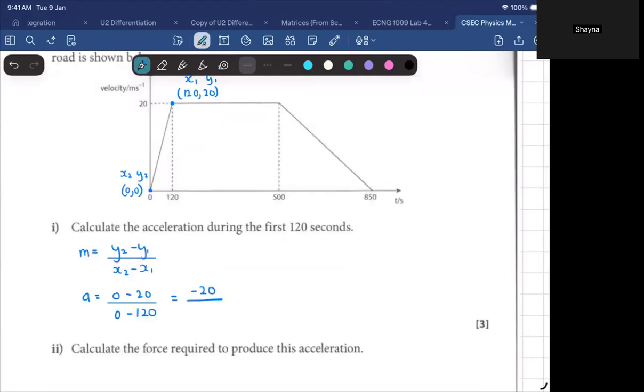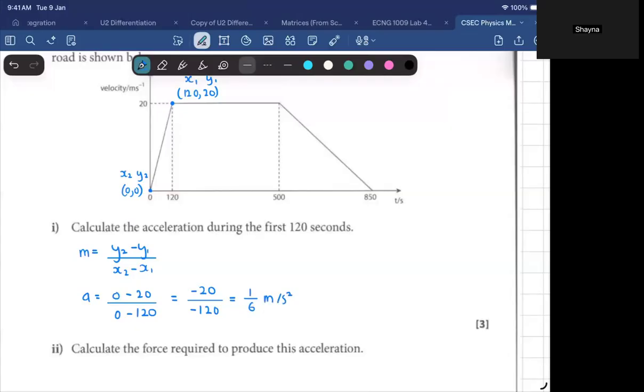So what would that be? I got 1/6. Right, 1 over 6. And the units? Meters per second squared, or m s^-2. Now in physics, we typically don't leave our answer as a fraction. We typically give our answer to two decimal places.